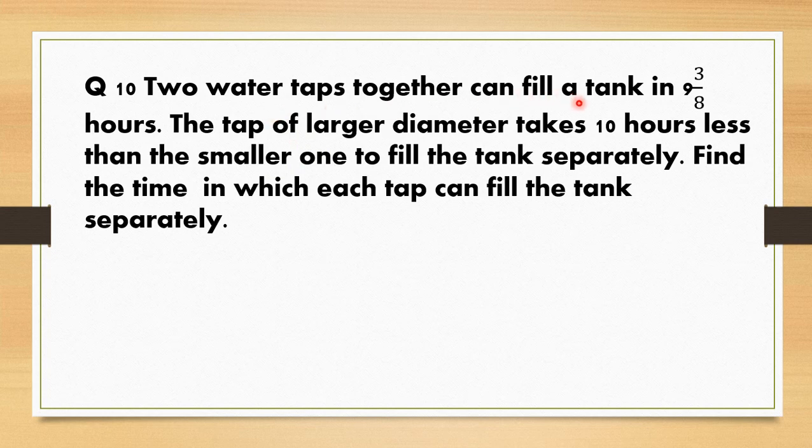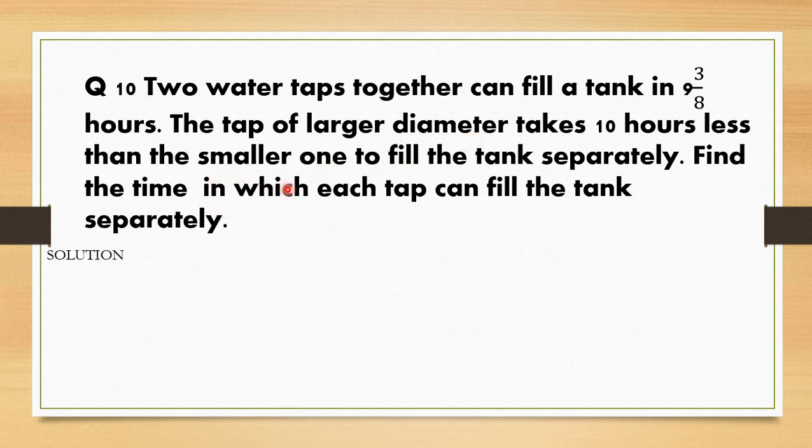Water taps are there and they fill the tank in 9 3 by 8 hours. It is given that the tap of larger diameter takes 10 hours less than the smaller one to fill the tank. So what is the dependent quantity? Tap of larger diameter, and independent is the smaller.